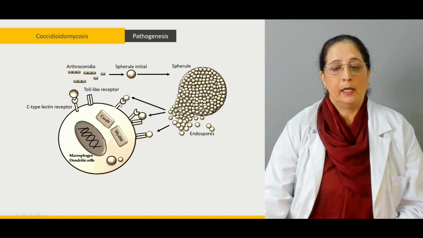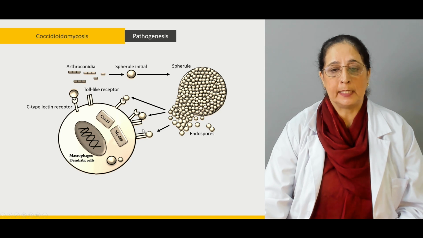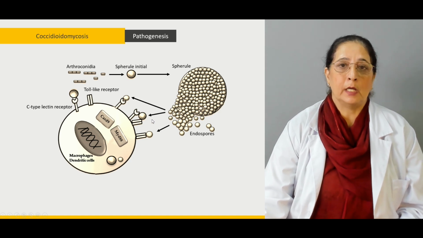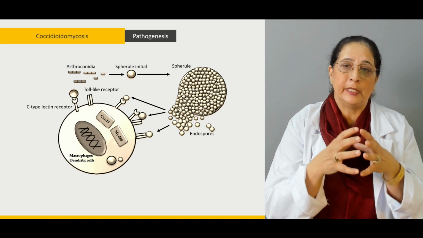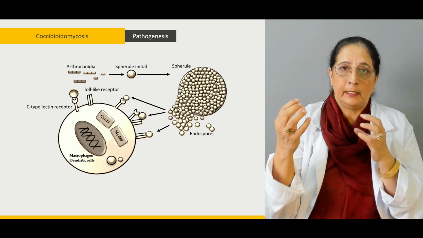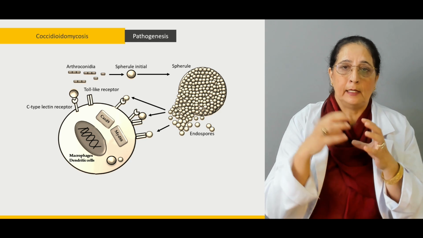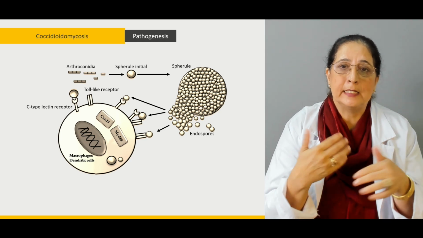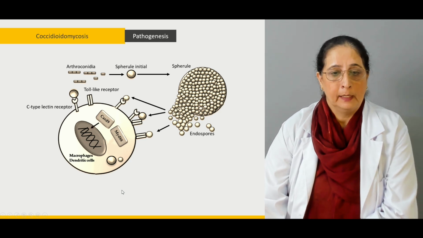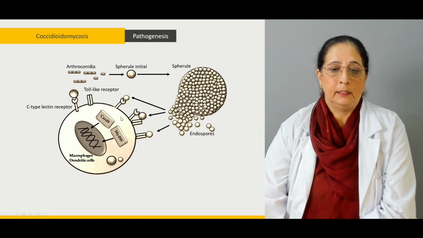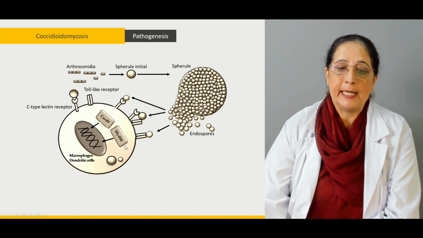Both the C-type lectin receptor and the toll-like receptors bind the endospores, and as a result the endospores enter inside the cell through the receptors, and then it brings some changes and causes the production of CARD9, and then we have MYD88.